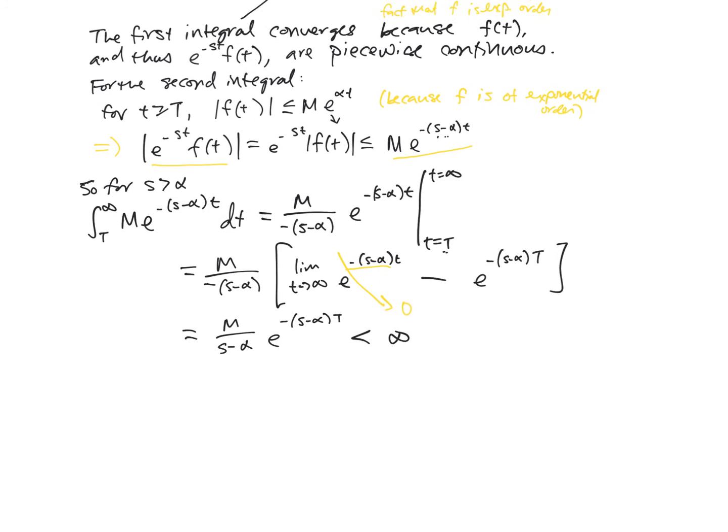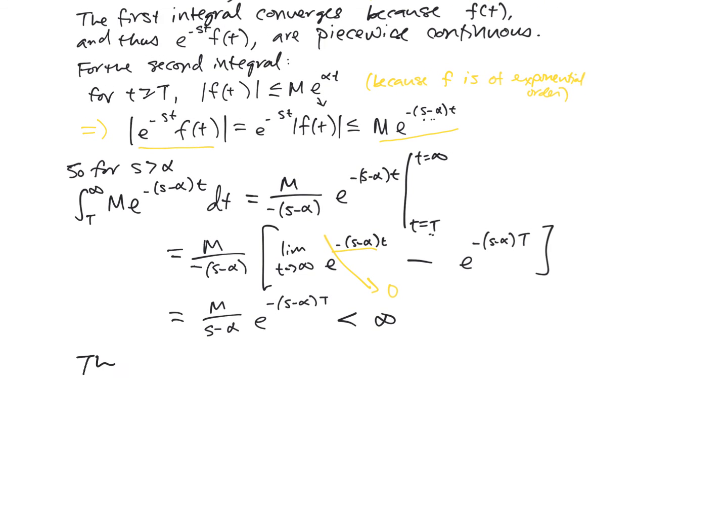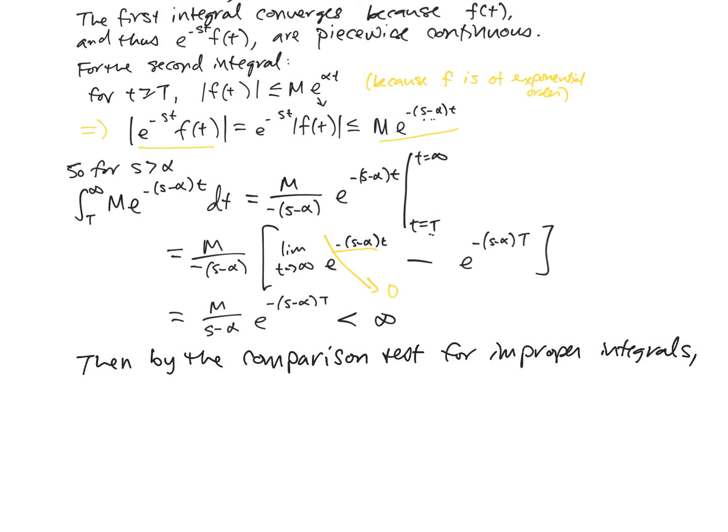So then, by the comparison test, which you can look up if my rush description of it hasn't satisfied you, we get that the integral of this smaller thing here, from big T to infinity of e to the negative st f of t dt, is also finite.